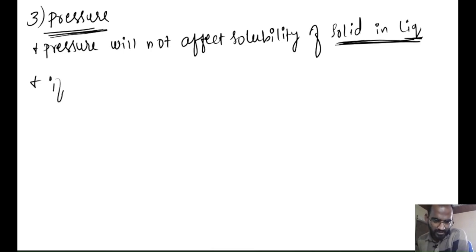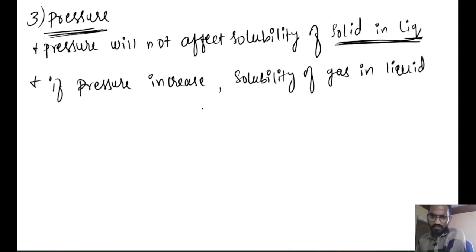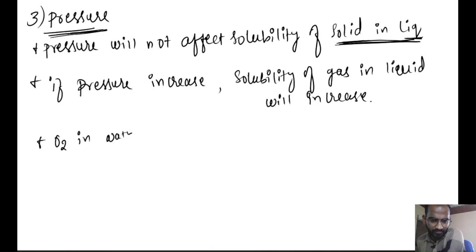See, if pressure increases, then solubility of gas in liquid will increase. For example, let me take oxygen in water.